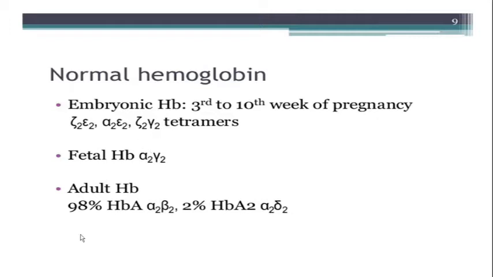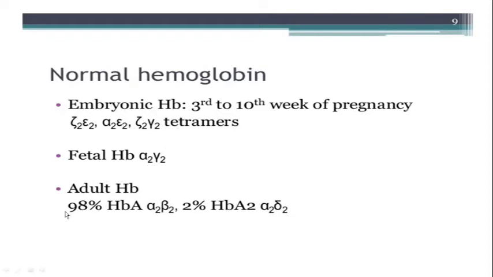In the first 6 months of the infant's life, there is a preponderance of fetal hemoglobin, and thereafter it decreases to around 1 to 2% of the total hemoglobin in adults.